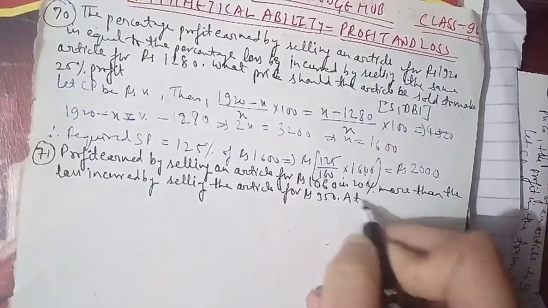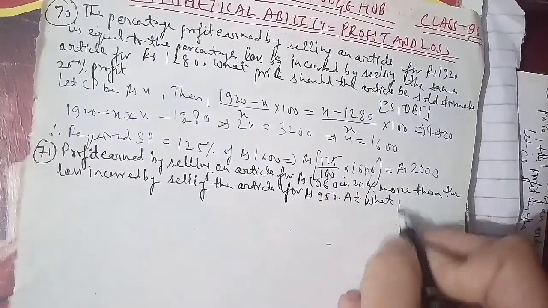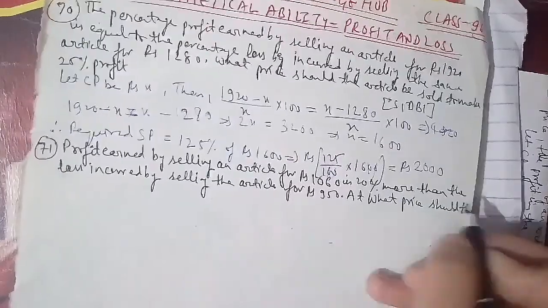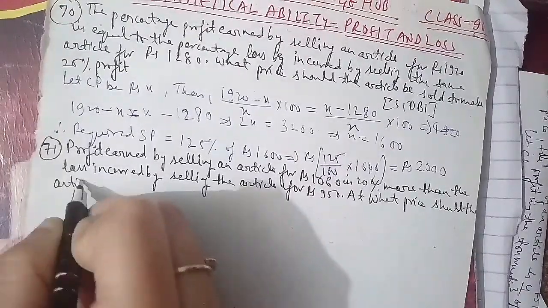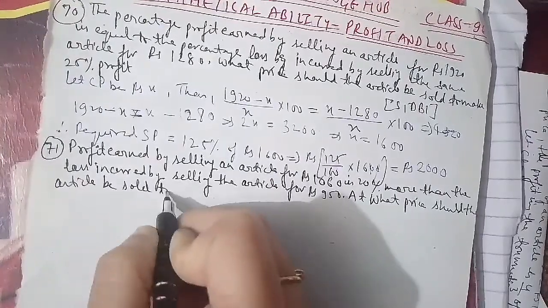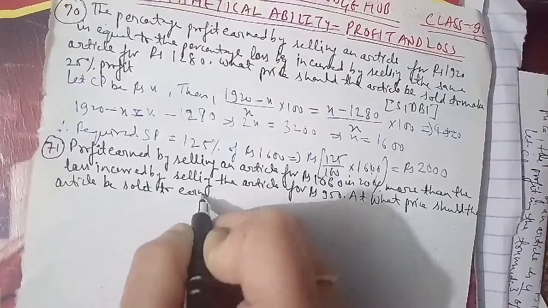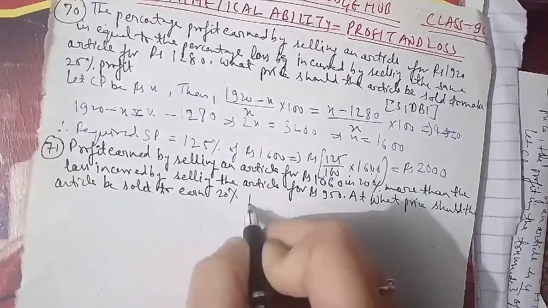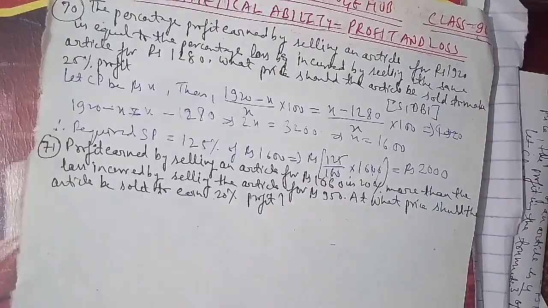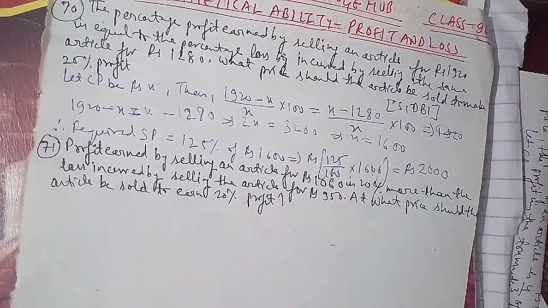At what price should the article be sold to earn 20% profit? That we have. So we go ahead for the same, and we have to find it out. Let CP be rupees X.